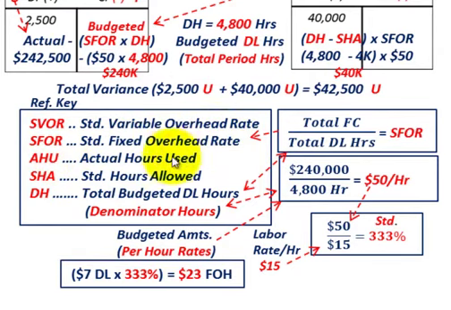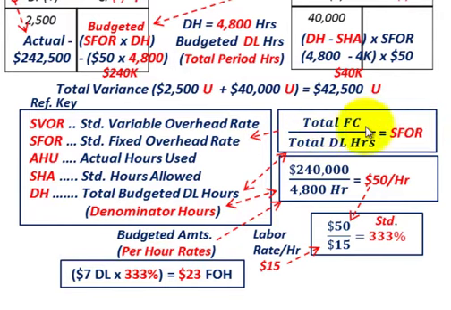AHU is the actual hours used. SHA is standard hours allowed. And DH is our total budgeted direct labor hours for the period. Those are referred to as the denominator hours because they fit into the denominator of our formula for calculating our standard fixed overhead rate.